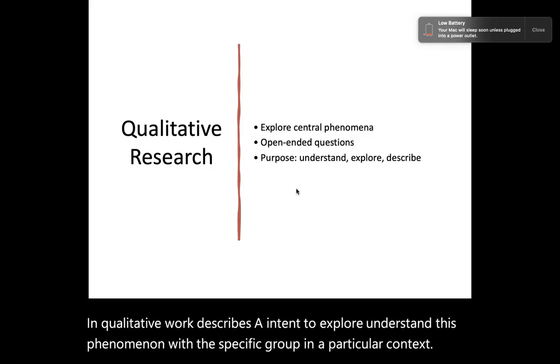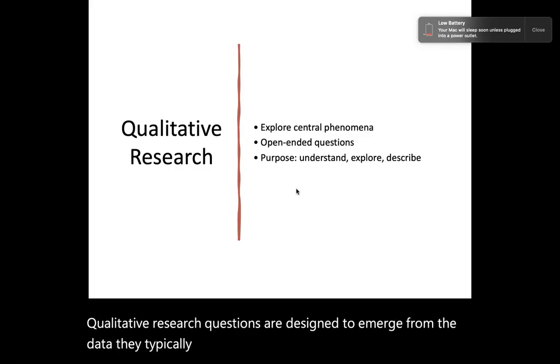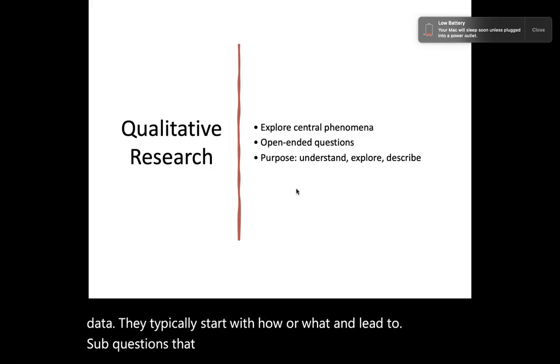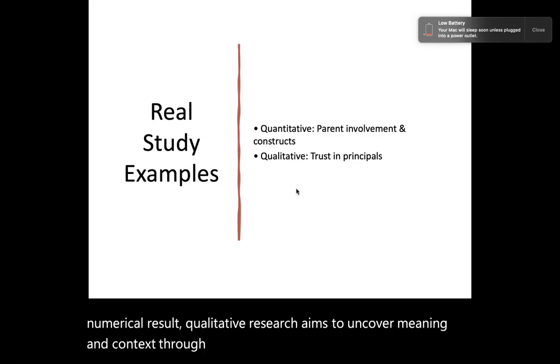Qualitative research questions are designed to emerge from the data. They typically start with how or what and lead to sub-questions that deepen the inquiry. Rather than seeking a numerical result, qualitative research aims to uncover meaning and context through rich description.